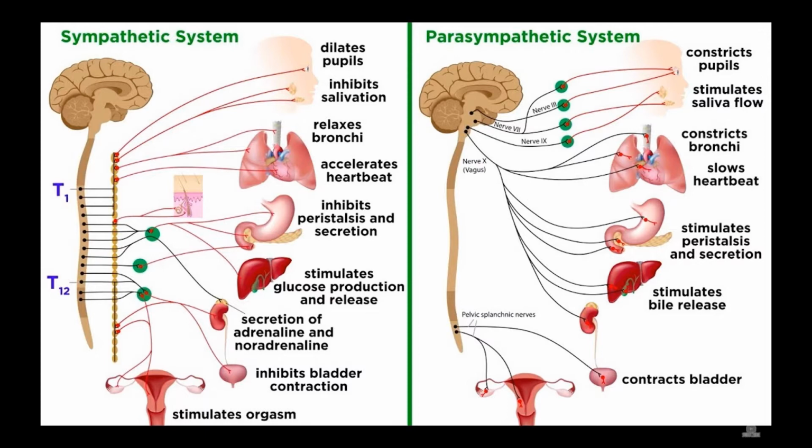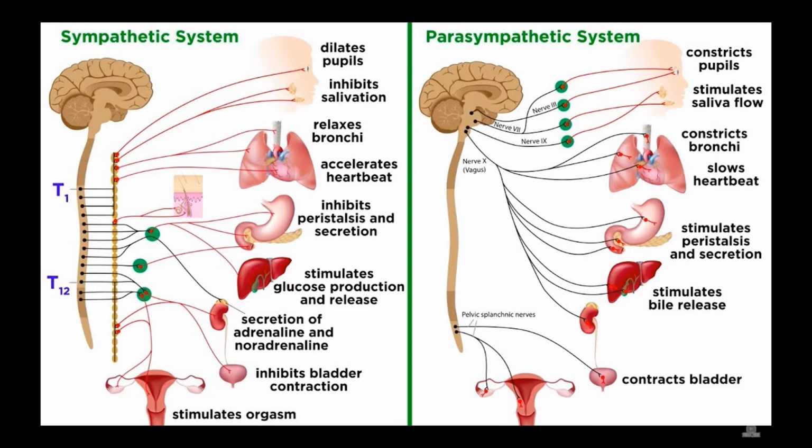It's not completely accurate to think of them that way, but I think to learn them at the beginning, it's reasonable to think of them as a bit of a gas pedal and a brake. Okay, so the gas pedal is the sympathetic system that's activating the body in many different ways, and the brake would be the parasympathetic system to slow things down. Later on, we'll go into a bit more detail about that concept.